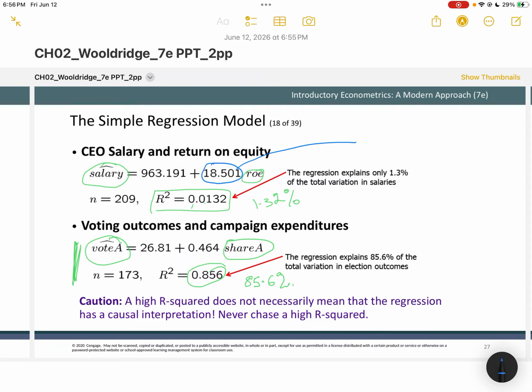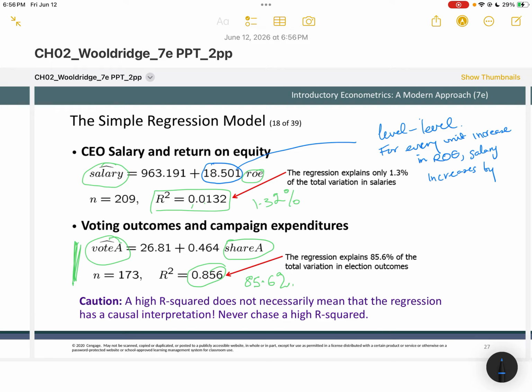So level, and we will interpret that slope as for every unit increase in ROE, salary increases, because it's a plus 18.501, right?